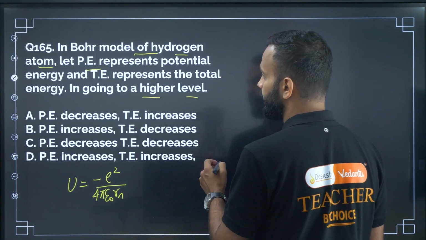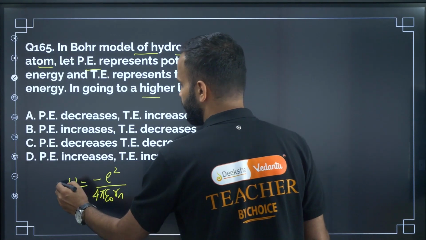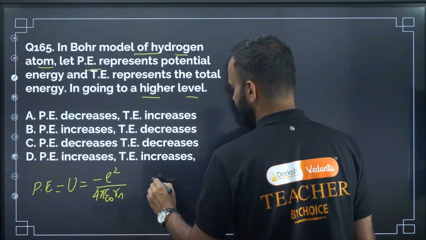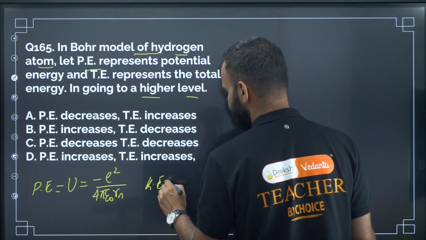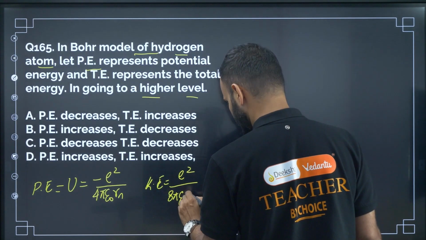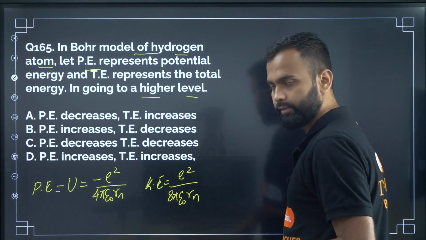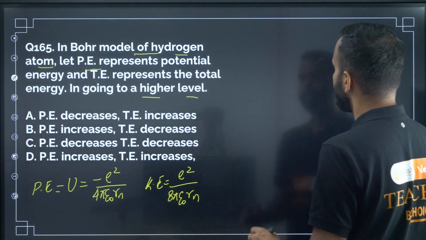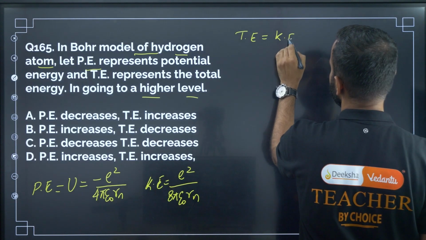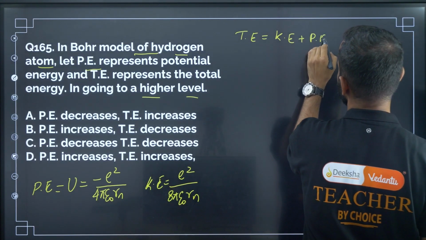Here this is Pe, not U. What is the kinetic energy? Kinetic energy is E square divided by 8 pi epsilon naught Rn.